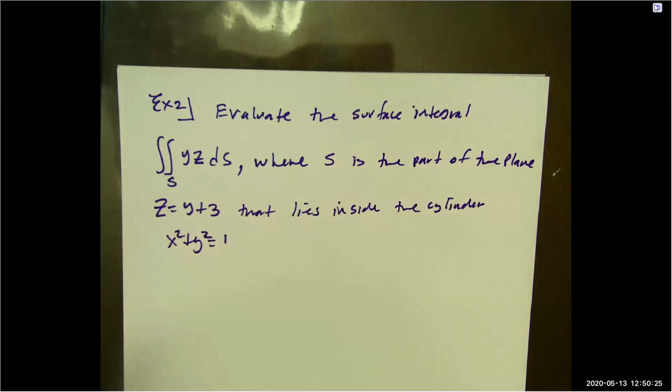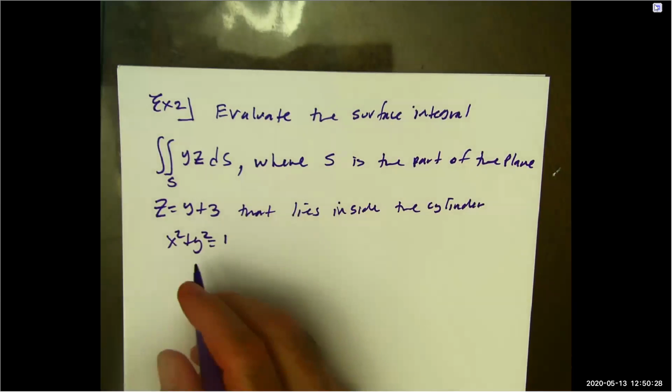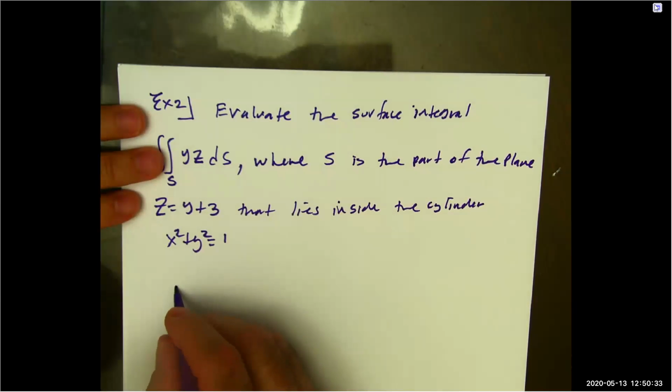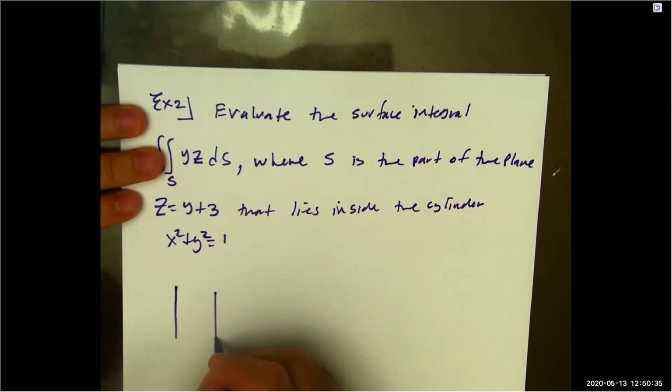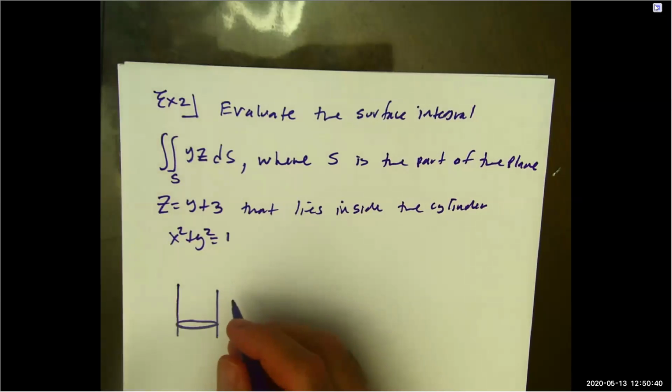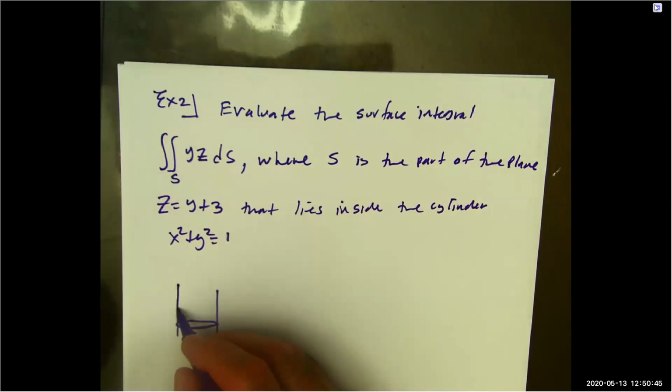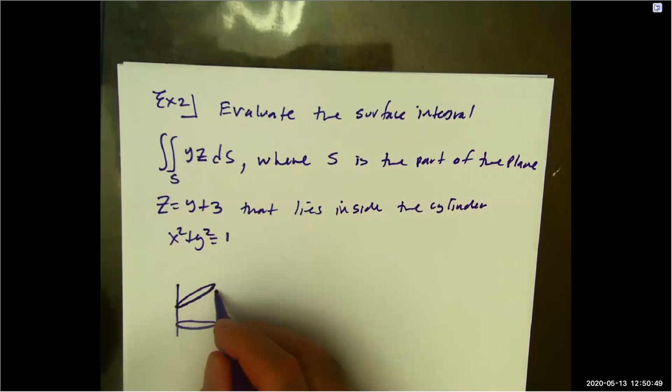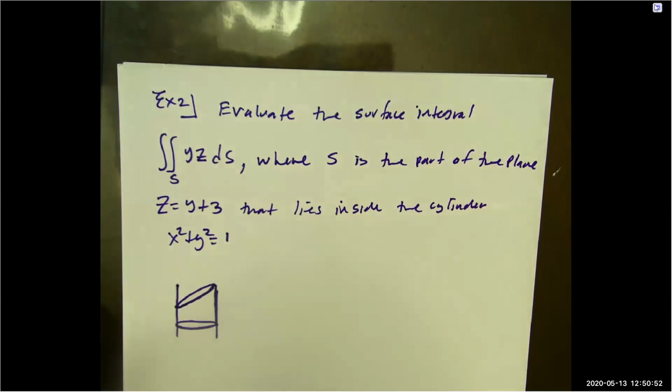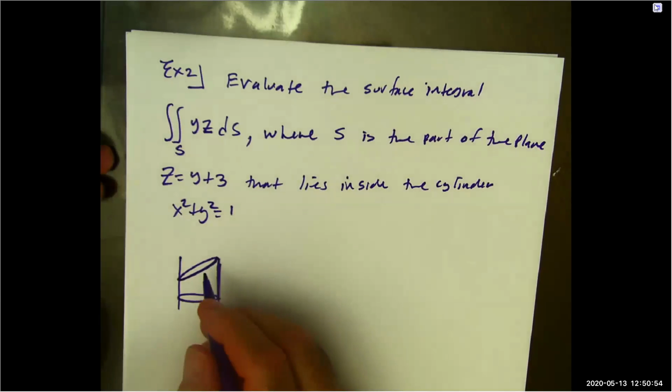And so in this case, we've got our cylinder, and right here we're going to be going up like this. So S is the part of the plane z equals y plus 3 that lies inside the cylinder.